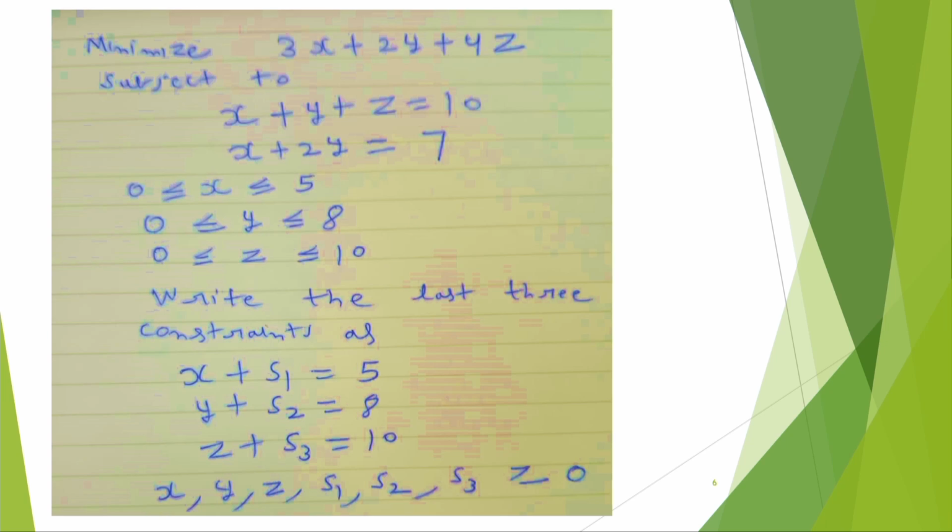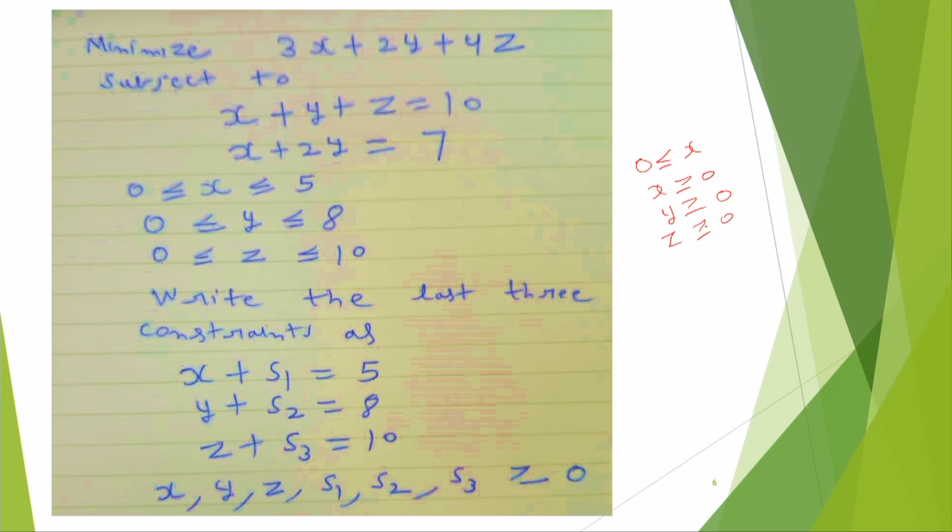So write the last three constraints as x plus s1 is equal to 5. 0 is smaller than or equal to x means x greater or equal to 0. Similarly, 0 is smaller than or equal to y means y greater than 0, and here it means z greater than 0.